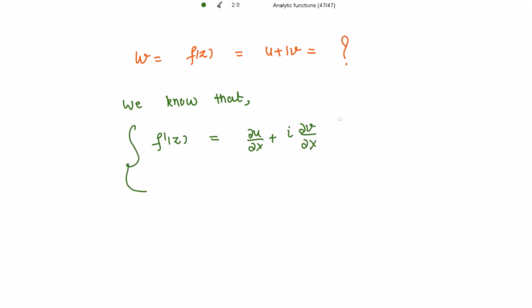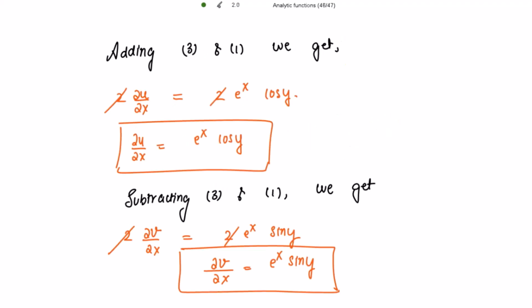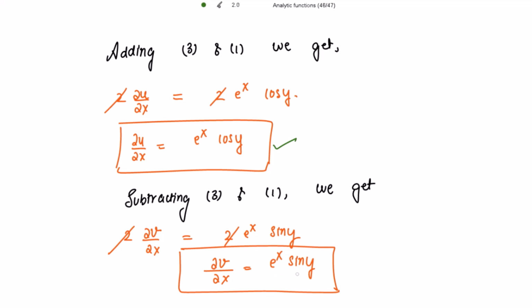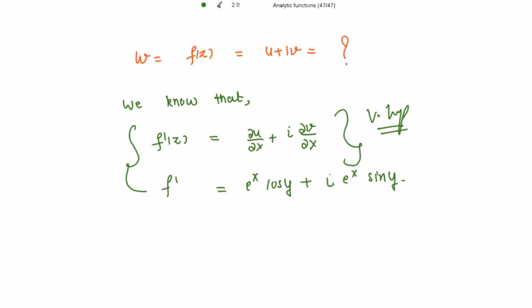Please remember this result, it is very important. So solving this, ∂u/∂x is e^x cos y plus i times ∂v/∂x, which is e^x sin y. So this is your f'(z).